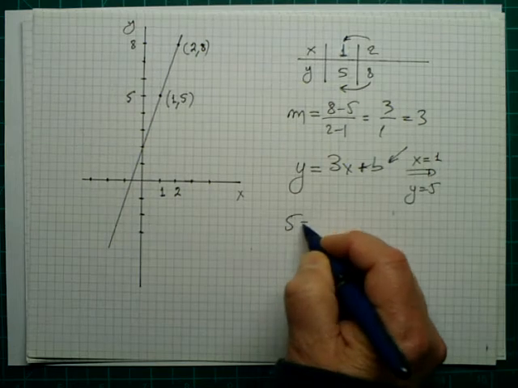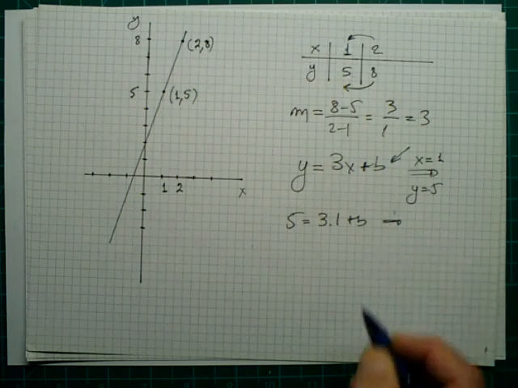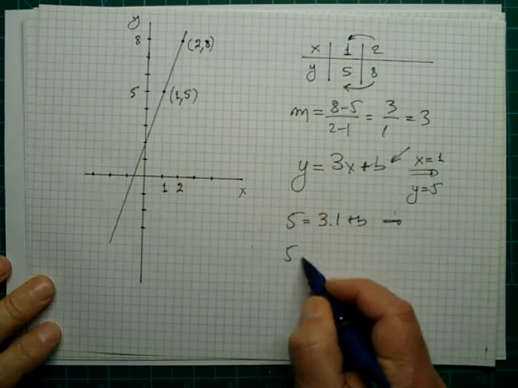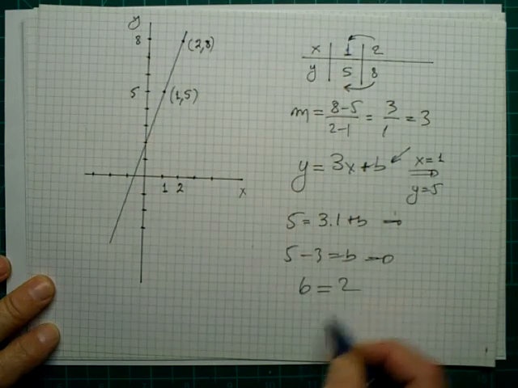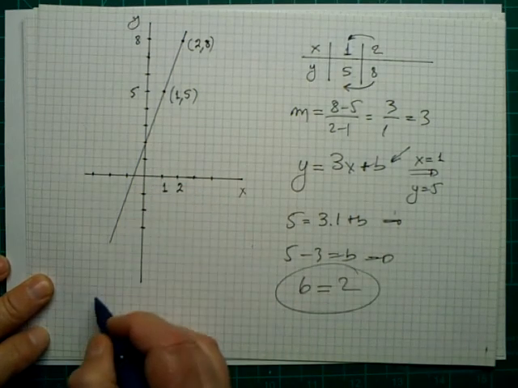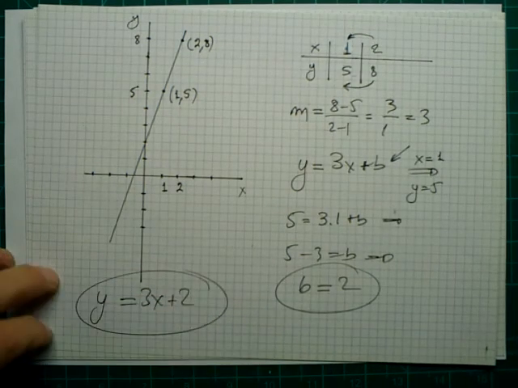So 5 equals 3 times 1 plus b, which means that 5 minus 3 equals b, so b equals 2. So the equation of this line is y equals 3x plus 2.